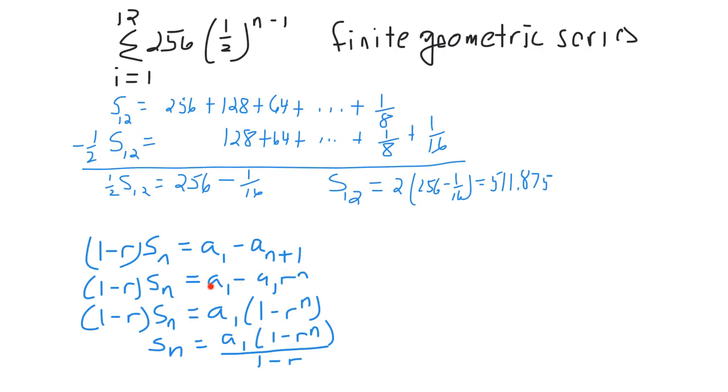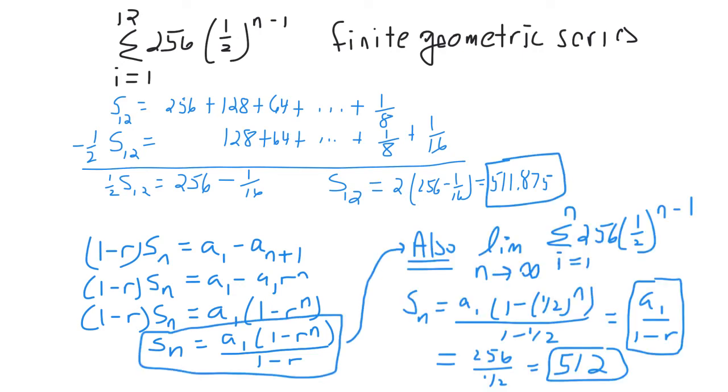I can factor out the a sub 1. I can divide by 1 minus r, and I have a formula that I can use for any finite geometric series, if I know the first term, the common ratio, or the growth amount, and how many terms there are.